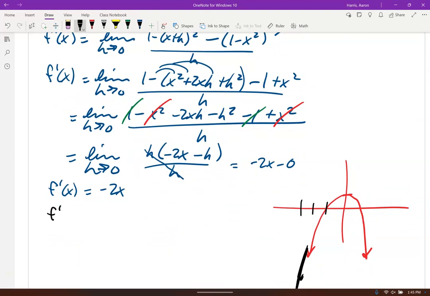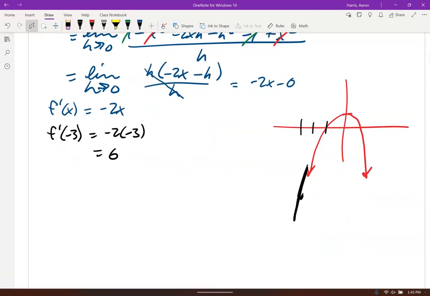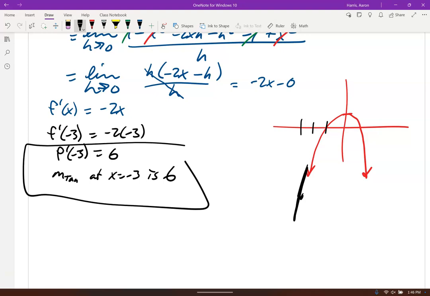The slope there would be 6. So the slope of that black line I tried to draw is a positive 6. Slope of the tangent at negative 3 is 6, right? That's what that's saying. F prime of negative 3 is 6.